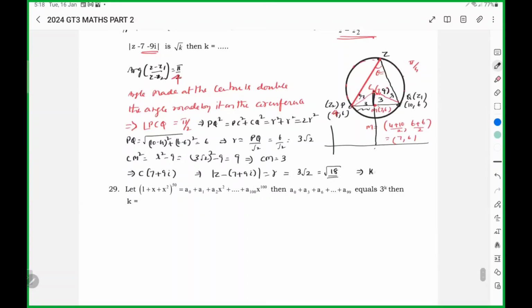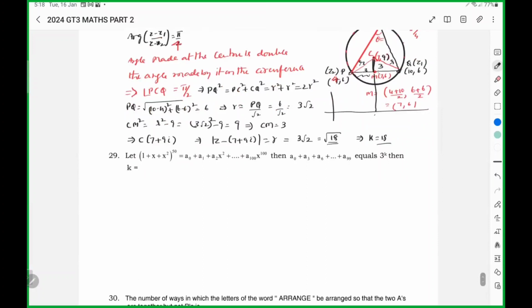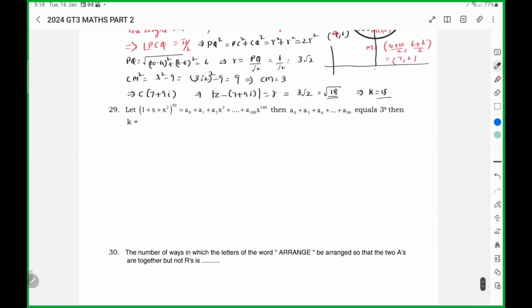Okay, here it is. Here in the question, A0, A3. So the remaining terms are missing. Then the only possibility, x1, we get A0 plus A1x, which is equal to 3 power 50.